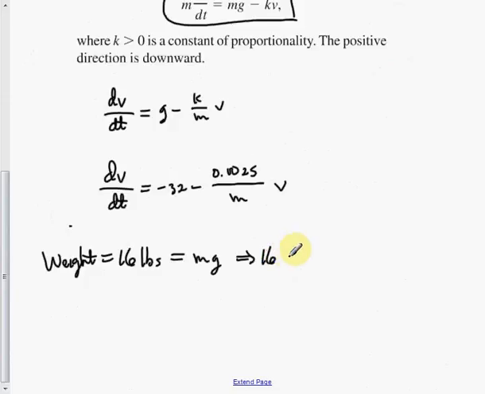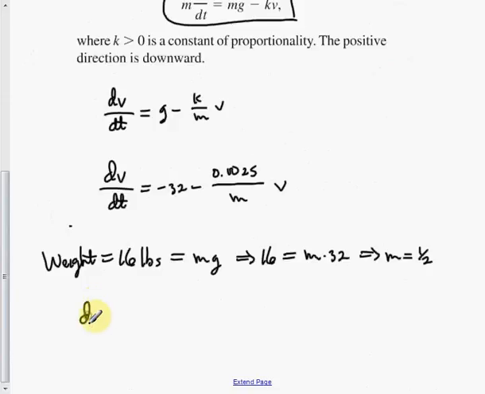So this implies that 16 is equal to the mass times 32. So the mass is going to be 1/2, in whatever units are being used.